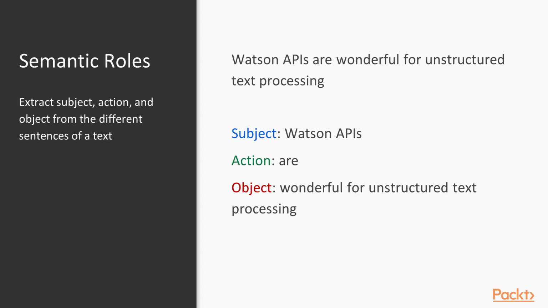In this sample, we can find that the subject is Watson API, which is doing an action. In this case, the action or the verb is "are", and we will look at the infinitive form. And the object that this action is acting on is "wonderful for unstructured text processing".